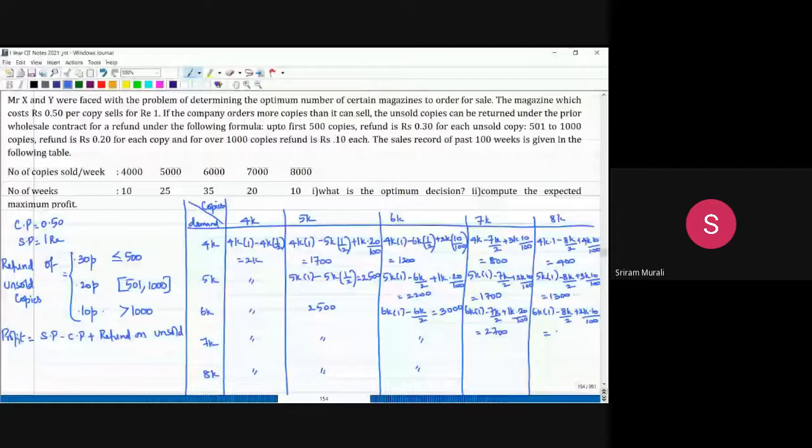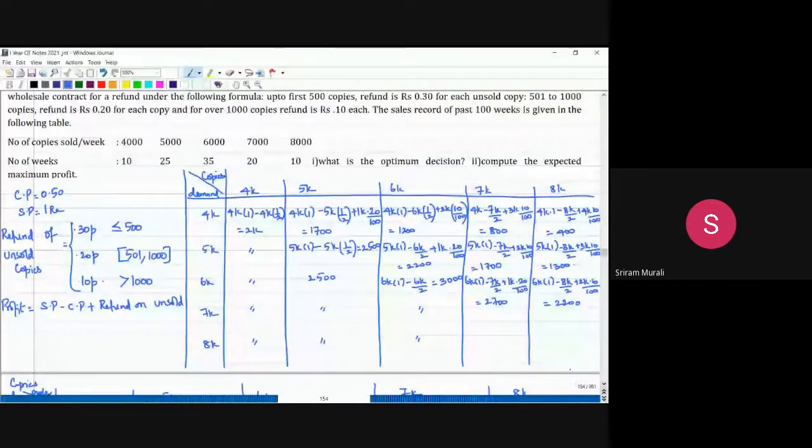And here we will get the same 2700. This will be 7k into 1 minus 7k into 1 by 2. This is equal to 3500. This is also the same 3500.